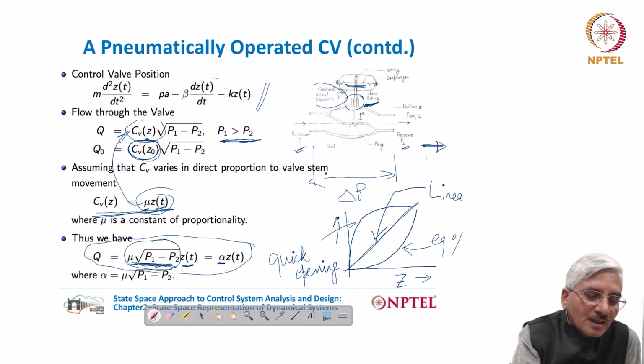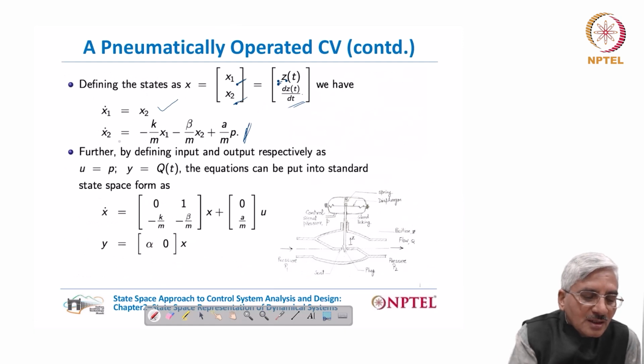So m x2 dot equal to pa minus beta x2 minus k x1. Z we have identified as x1. We divide by m and rearrange the terms. So we get x2 dot equal to minus k by m x1 minus beta by m x2 plus a by m into p. The p is the control pressure.